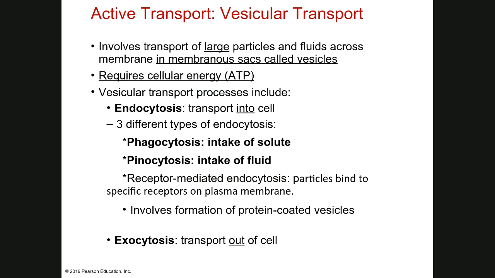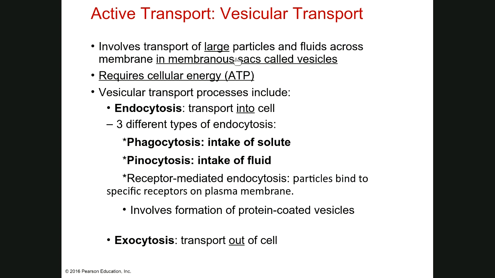All right, so that takes us to this other kind of transport that I'm not going to dwell on too long. I really think that you just need to know the basic definitions of these. Okay, so this type of active transport is called vesicular transport.